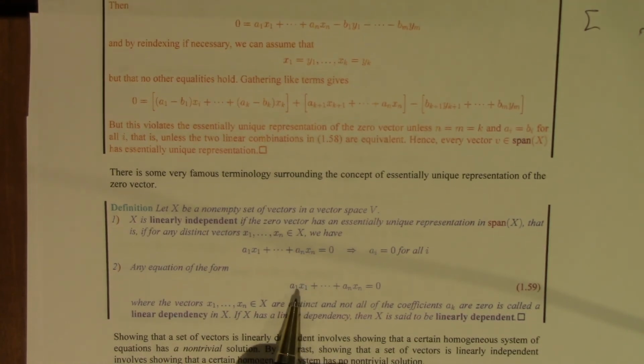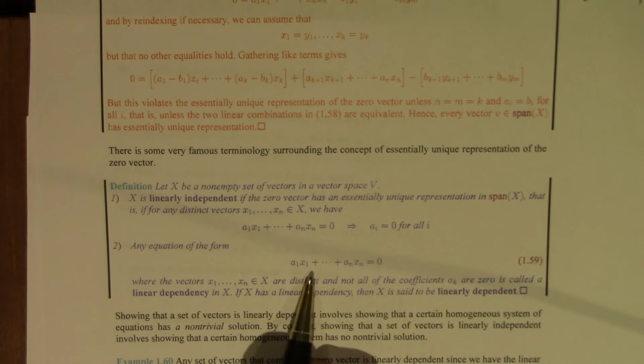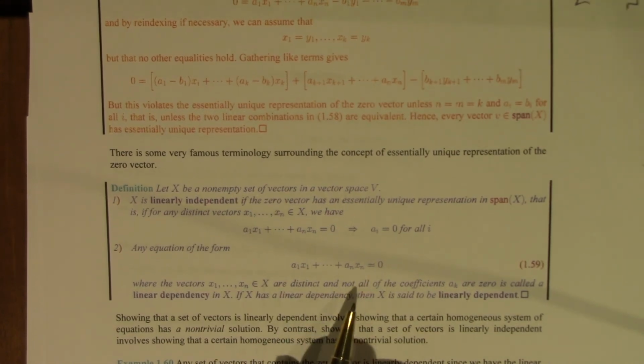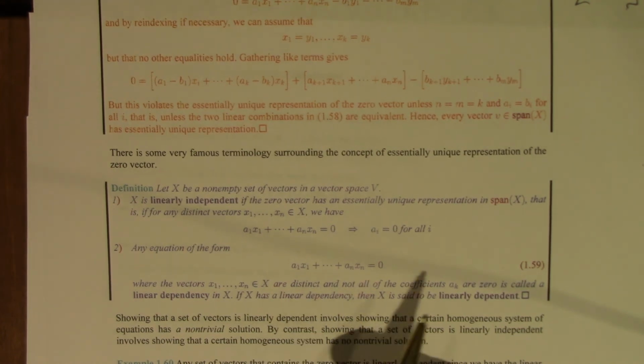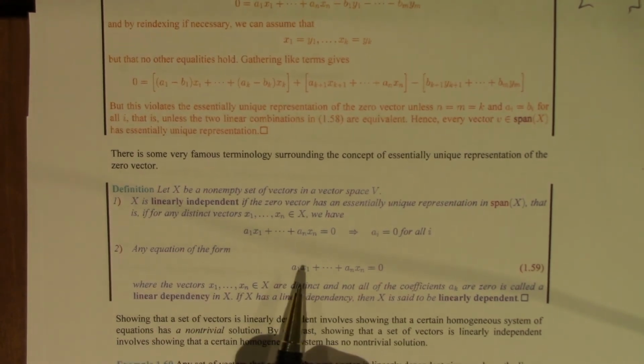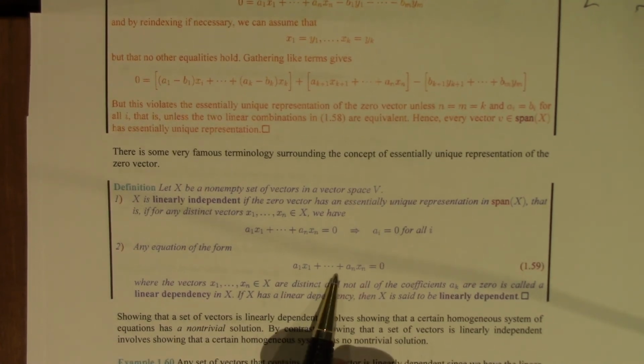Any equation of this form, where the x's are distinct, it's meaningless if the x's don't have to be distinct, because you could have little x minus little x, and that's always equal to 0. So we have to assume the x's are distinct, and not all of the coefficients are 0.